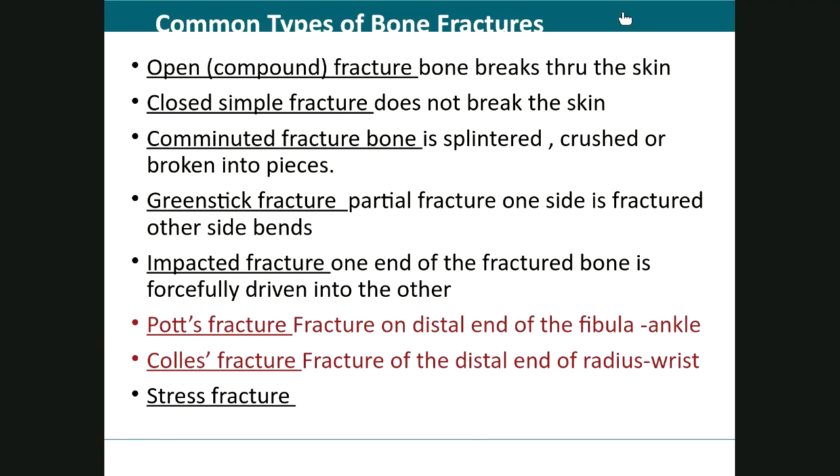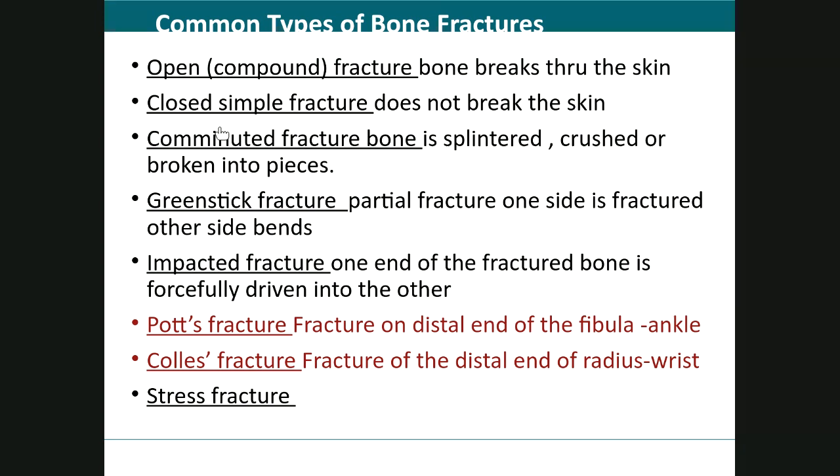So let's move on to understanding bone fractures. When we're studying bone fractures, there's a variety of terms we have to learn. An open fracture means the bone has broken through the skin. Closed fracture, the bone has not broken through the skin. A comminuted fracture means that it's splintered or the bone has crushed into pieces.